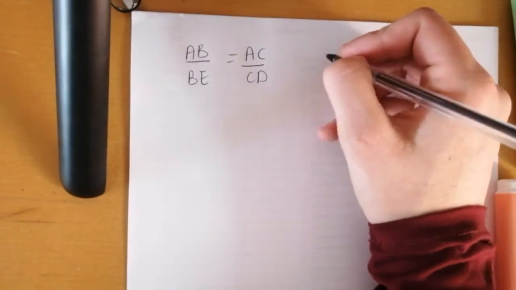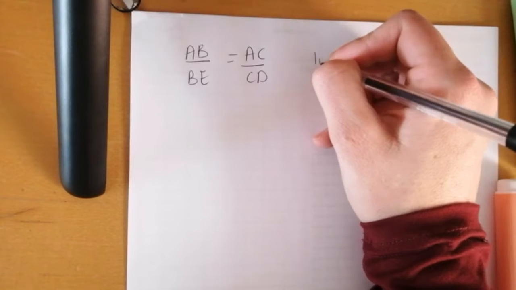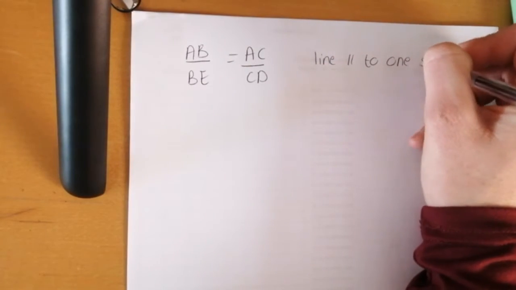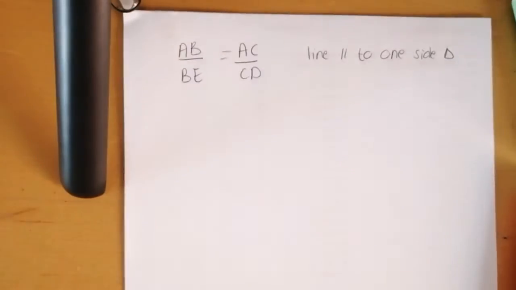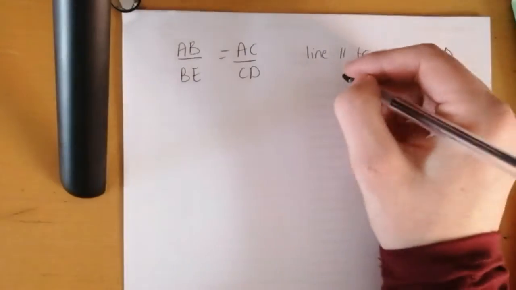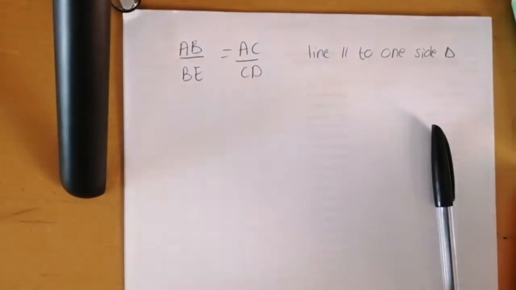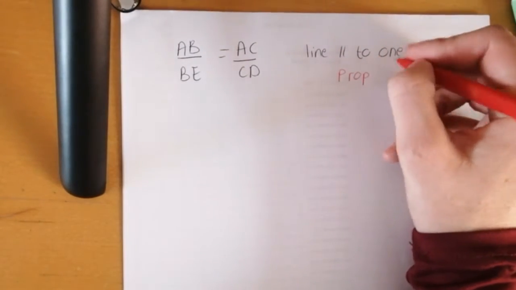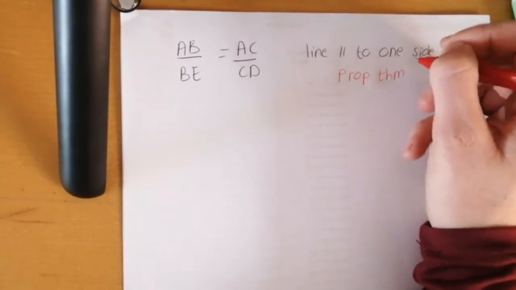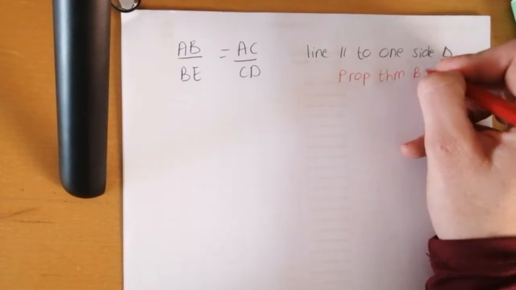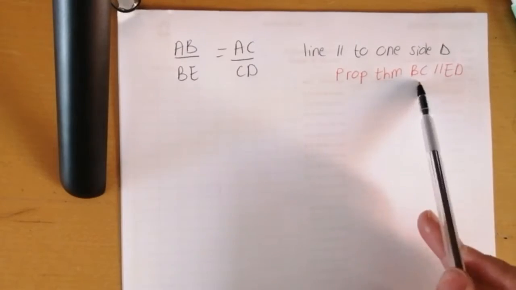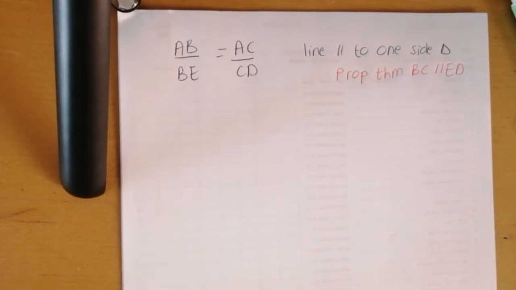Now, I've taught you guys that this is the line parallel to one side of the triangle, but you can also just use the reason as proportion theorem and then state BC parallel to ED. You can also just give this as your reason. Okay, but let's continue.